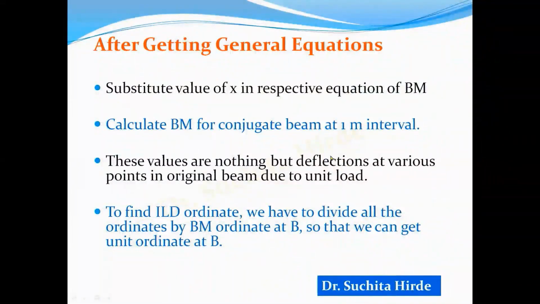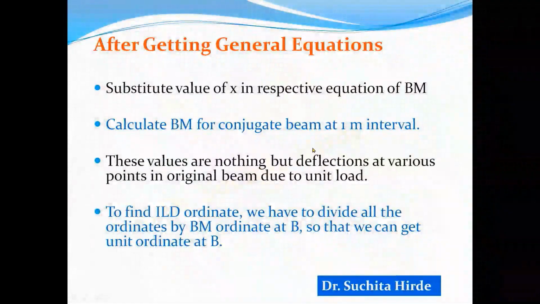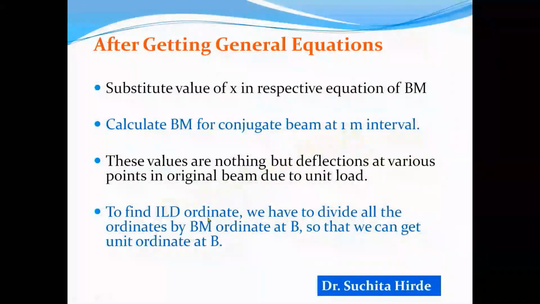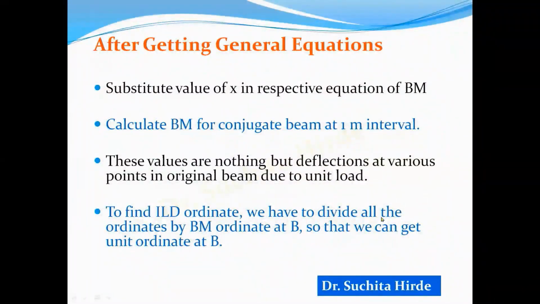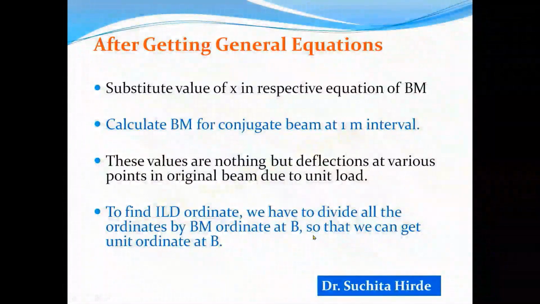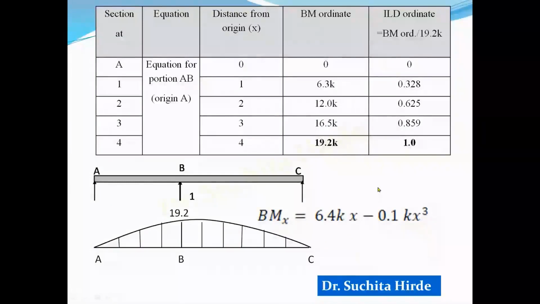These bending moments which we have calculated are the deflection due to unit load. Now to find ILD ordinate, we have to divide all the ordinates by the bending moment ordinate at B, so that we can get unit ordinate at B. Now we will solve all this in tabular form. So let us actually solve this influence line diagram problem in tabular form.